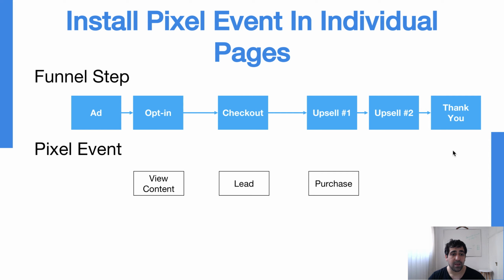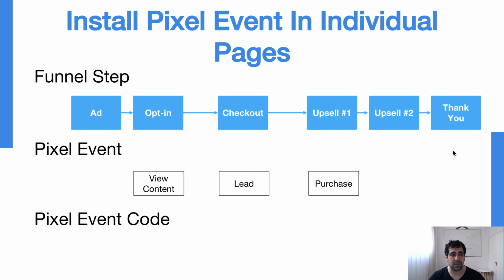And that way you can leverage all the artificial intelligence algorithms and the intelligence that Facebook has in your favor for your business, and bring on more and more people similar to those who have become a lead, who have purchased your products. And you can do a ton of cool stuff, but you need to have the pixel event properly set up for that. So now let's check how to do that.